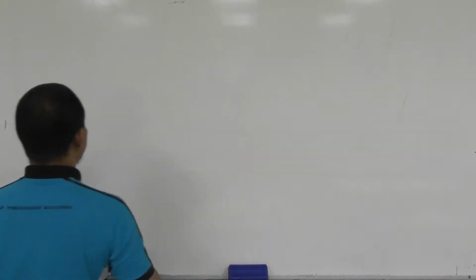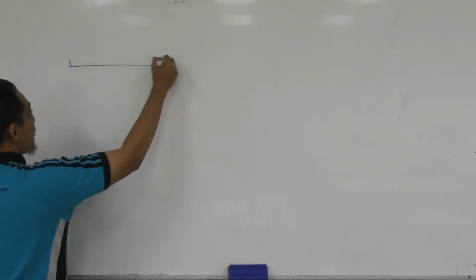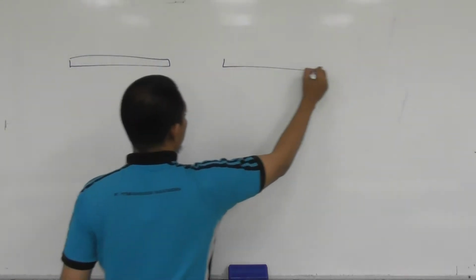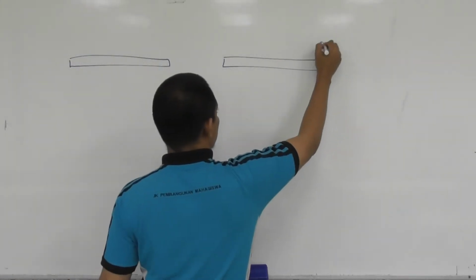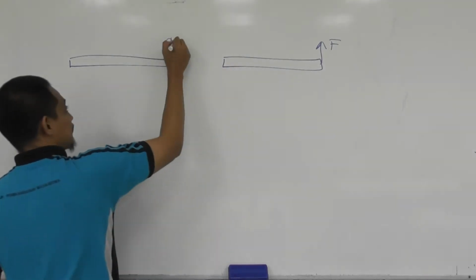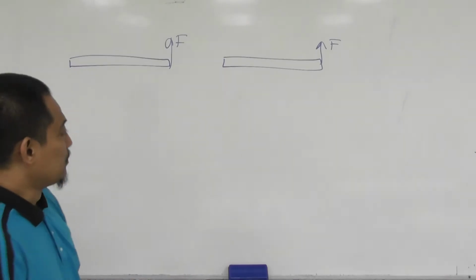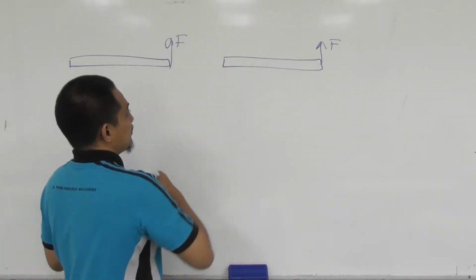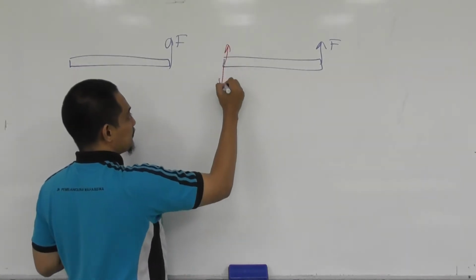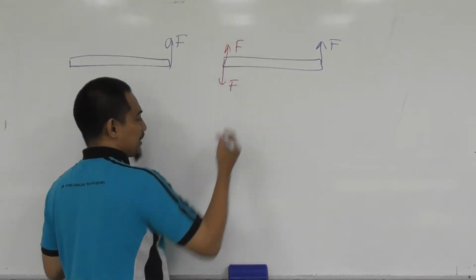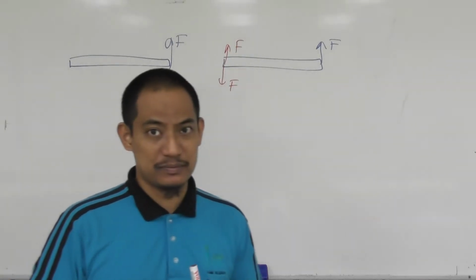Let's imagine something else. Okay, similar beam, similar original force, but if you have something like this, right? Imagine this. If I add this force and this force, do I actually change anything to the structure?